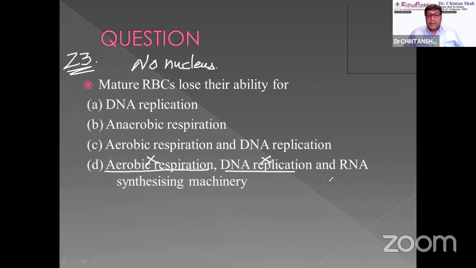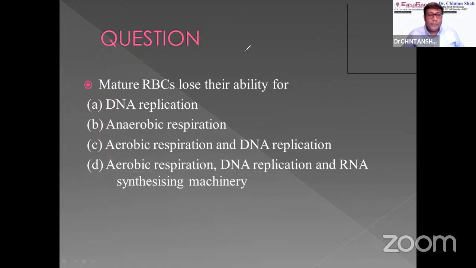RNA synthesizing machinery is also not present, because RNA synthesis is known as transcription, which takes place in the nucleus only. So if there is no nucleus, then no aerobic respiration, no DNA replication, and no RNA synthesizing machinery. Do you agree with this? If you agree with 23D, please write down 23D.